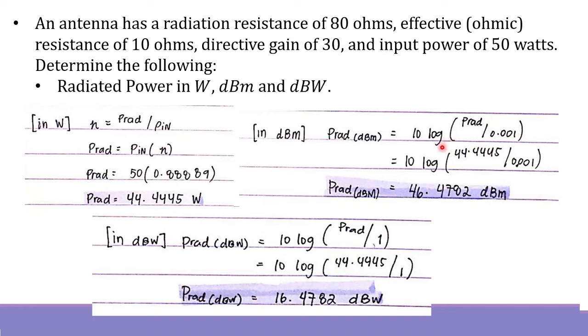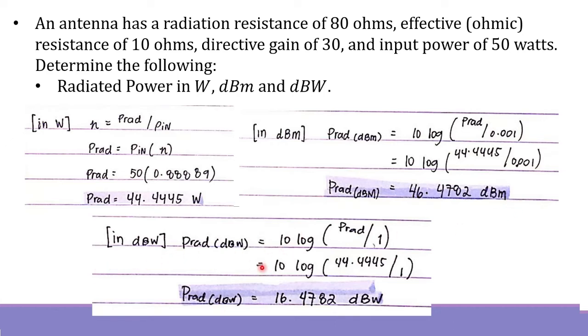So next is we need the P rad in dBm. So the formula is equal to 10 log P rad over 0.001. Let's just substitute it. 10 log 44.4445 over 0.001. So we have the value of P rad in dBm, which is 46.4782 dBm.